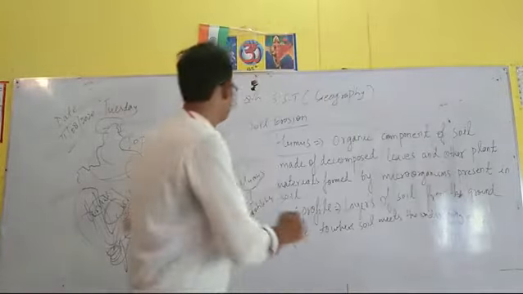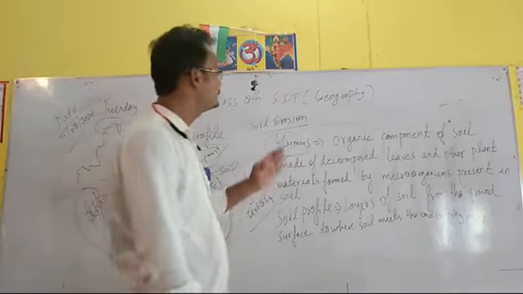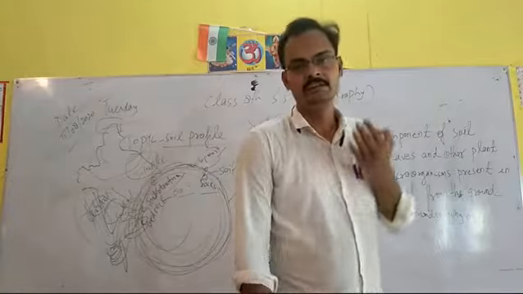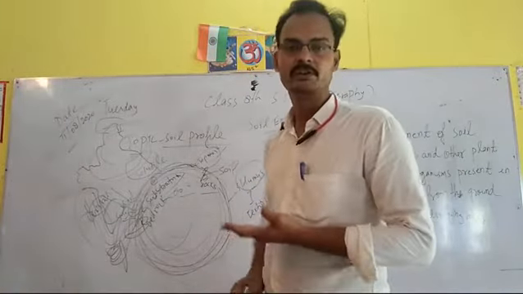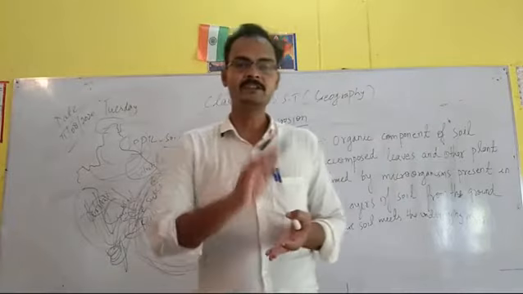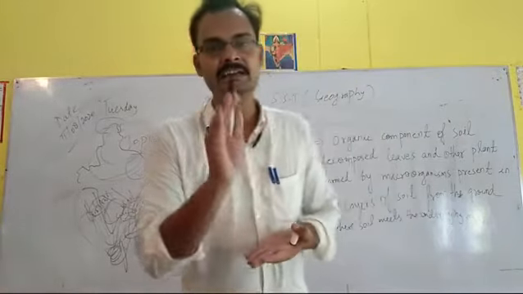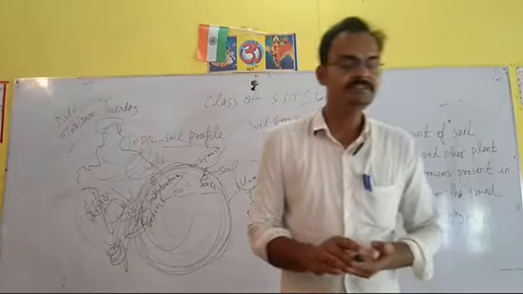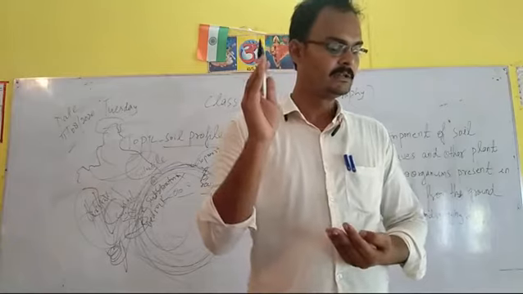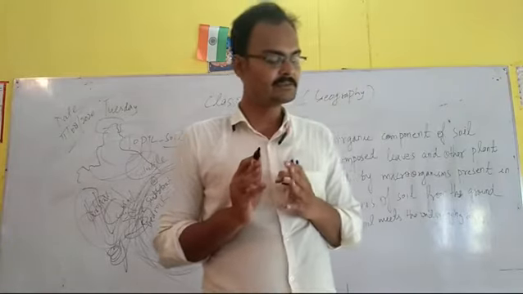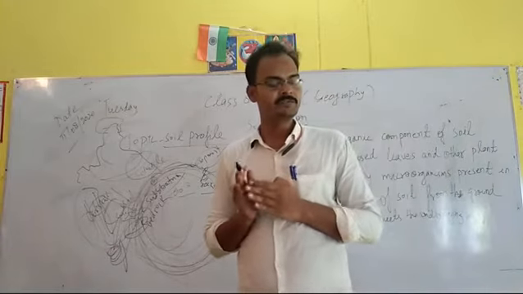So students, if there is humus, that means there is fertility, and if this humus and fertility in the topmost layer of the earth is removed, the fertility of that soil will decrease automatically.